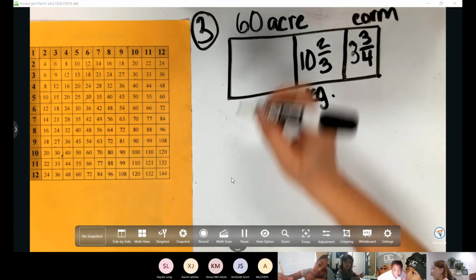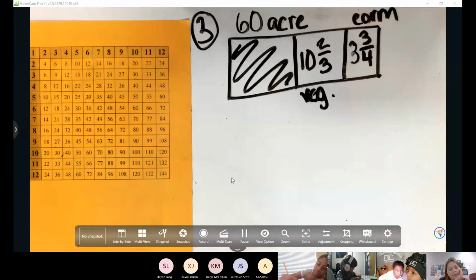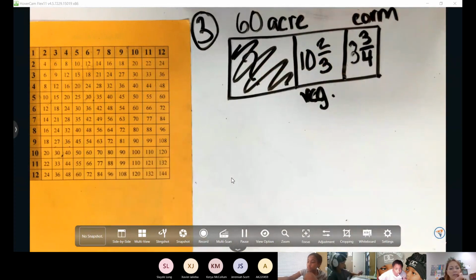Okay, and the rest of it he's going to use as just bare land. He's going to let that land rest. Now the question is asking, how much bare land does farmer Xavier have?